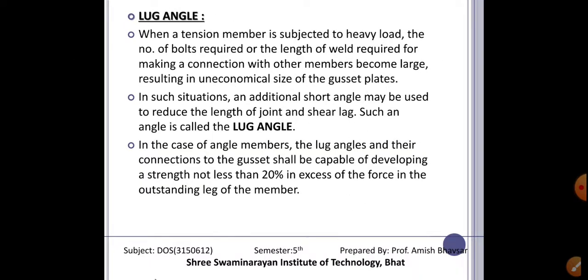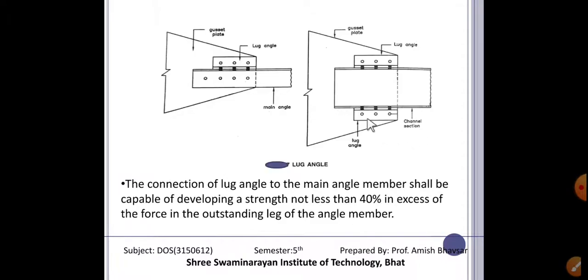Now the lug angle. This lug angle is used for the connection whenever the load is heavy and only the bolted connections are not sufficient to take that much load, then we are going to do some connection from outside of our thinking box. That is something like this.